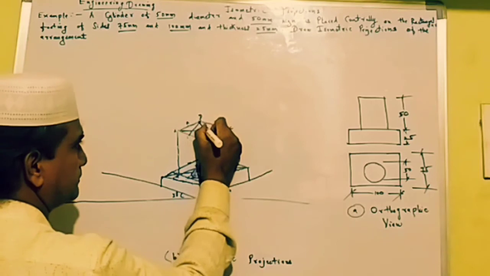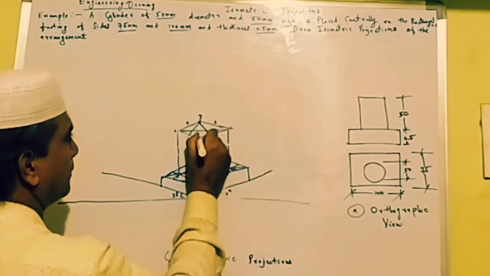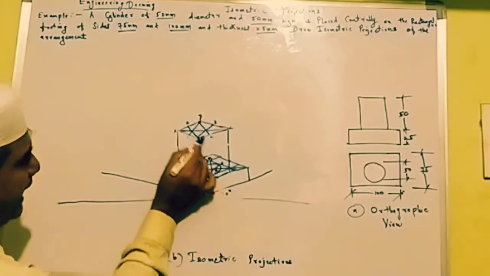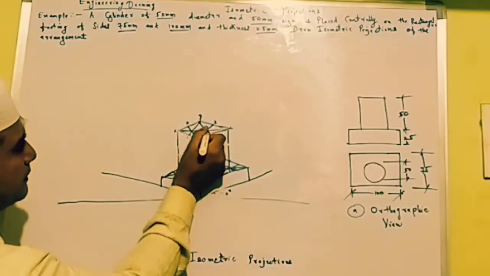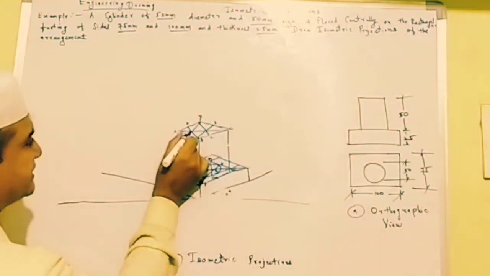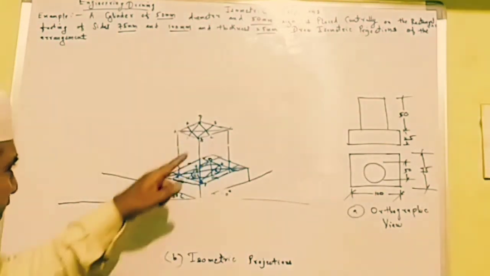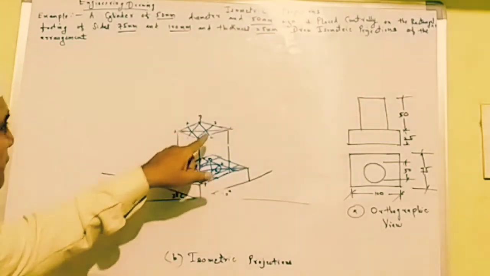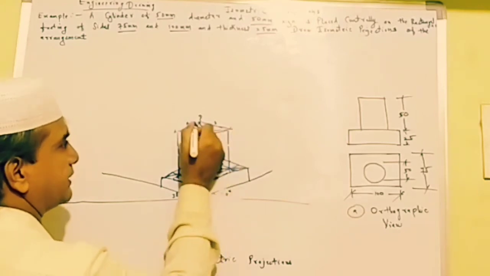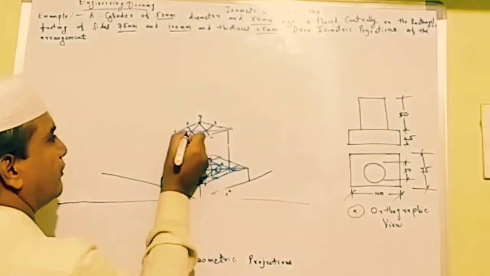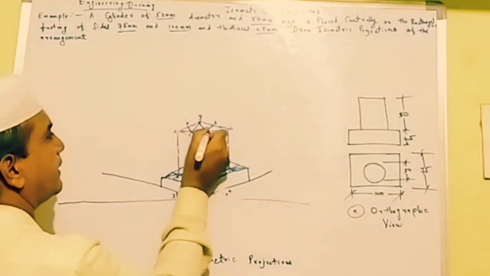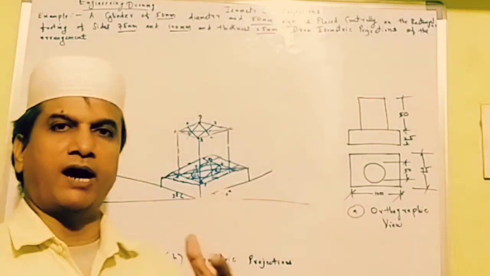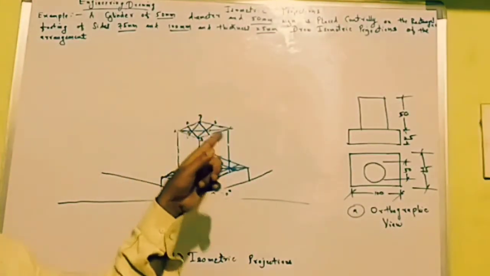Now we shall join D to 1, D to 3, D to 4, D to 3. After intersecting the lines we shall get a point. After intersecting these two lines we shall get one point, and another point after intersecting these two lines. We shall give the names E and F. We have to follow the same procedure we followed to make the diameter. Okay.